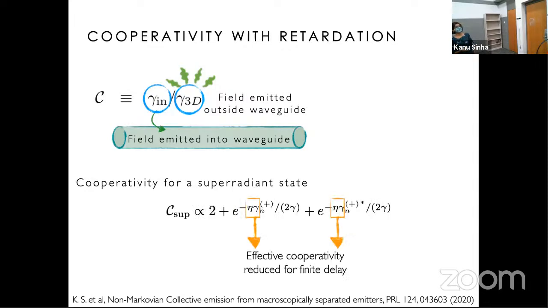And what we find is that this cooperativity, which is an important figure of merit for quantum information purposes, unfortunately goes down with delay. So even if the system emits super duper radiantly for some instance, in overall terms, we do not win to improve the cooperativity of the system. But nevertheless, this is something to be taken into account when looking at quantum information transfer over long distances.